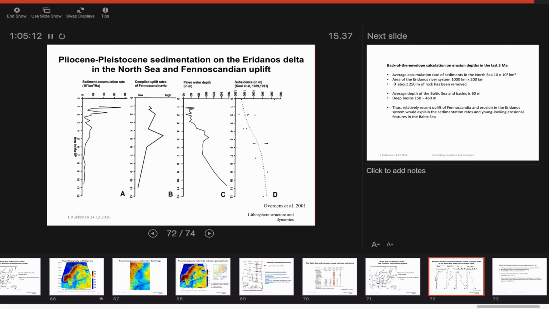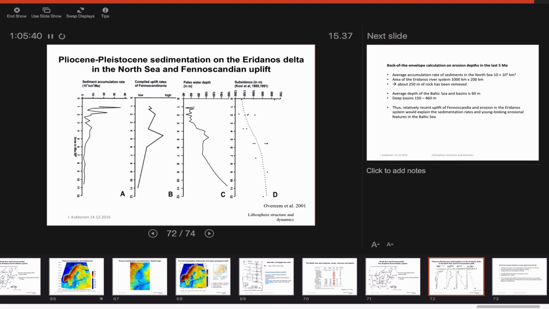You can see that the sediment accumulation rate increases after about 5 million years before present, 4 or 5 million years before present. And also the uplift rates in Fennoscandia, especially the west, they are studying the Norwegian areas. And the paleo water depths are actually decreasing, which corresponds to the uplift. And the same with the subsidence decreases.